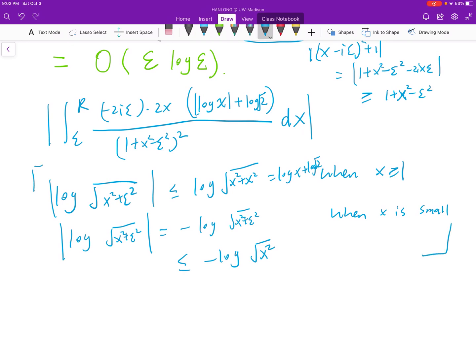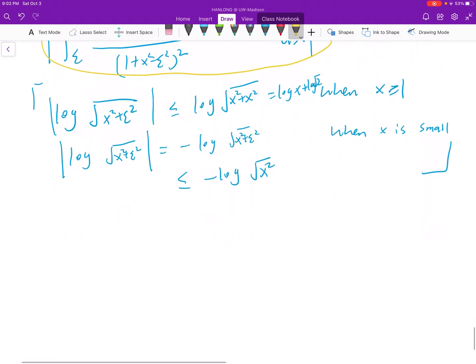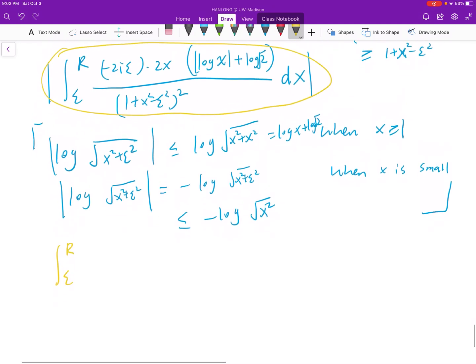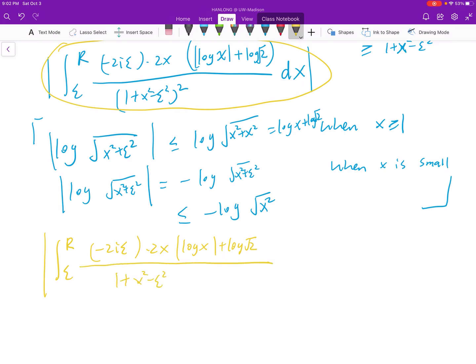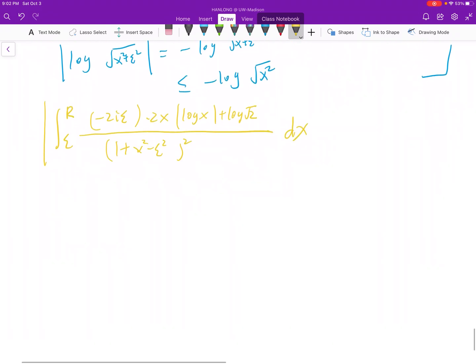Then we need to evaluate this part. Let's write it again. The integral from epsilon to R of the absolute value of this, minus 2i epsilon times 2x, log x plus log square root 2, divided by 1 plus x squared minus epsilon squared, dx.